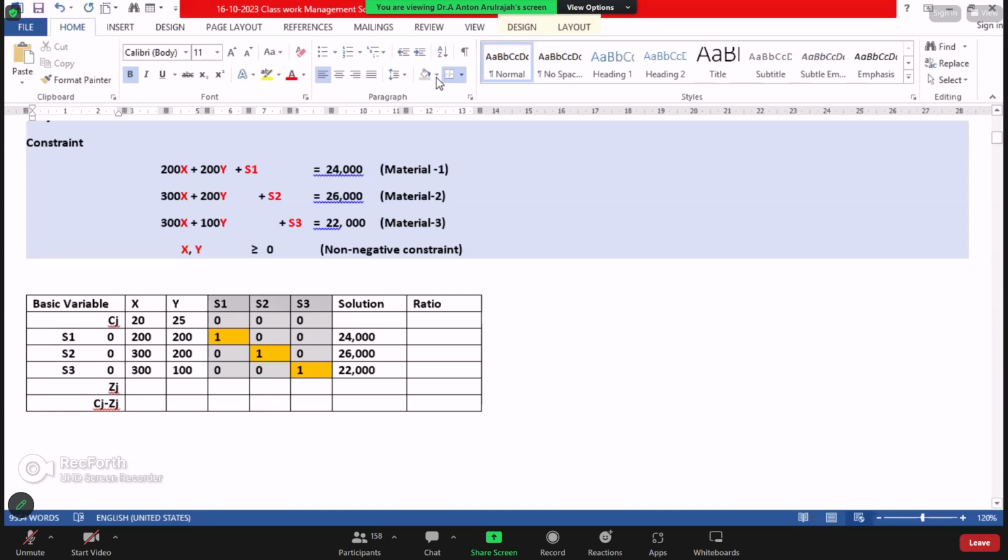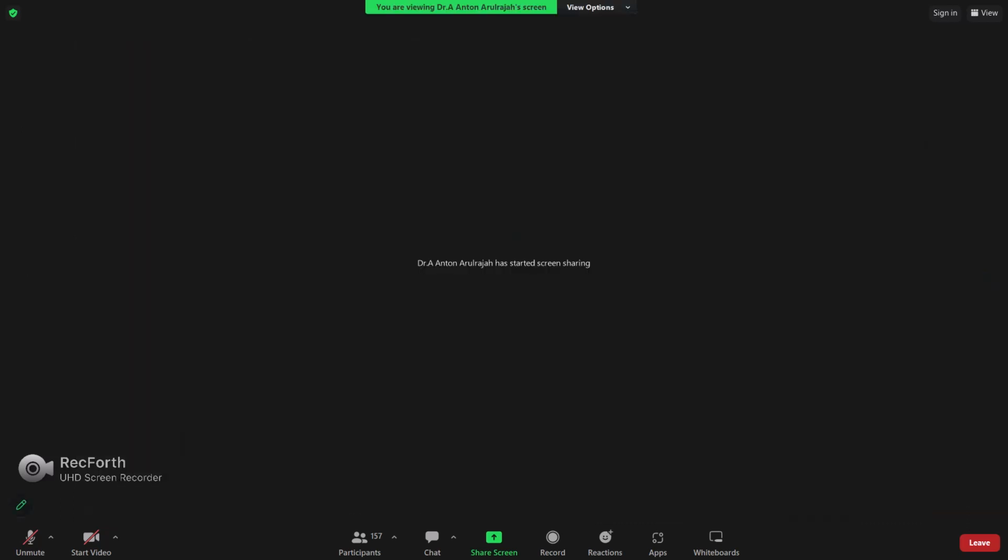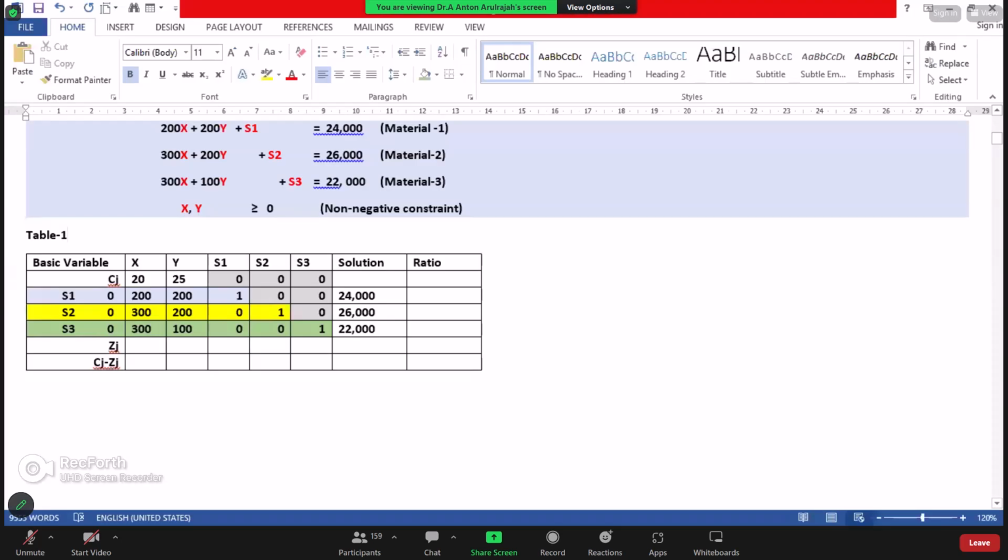Similarly, this one is taken for this 3. Table number 1. Write the first table: S1, S2, S3.